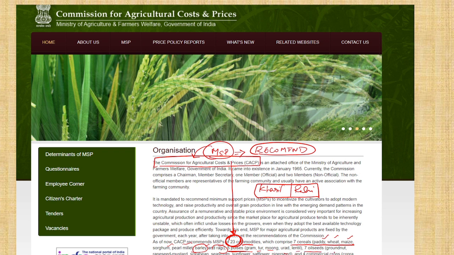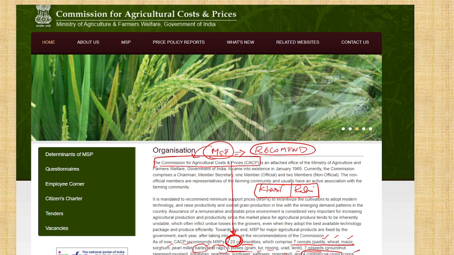Then 7 oil seeds, what and all, you please check. And for 4 commercial crops also, they give it: copra, sugarcane, cotton, jute.